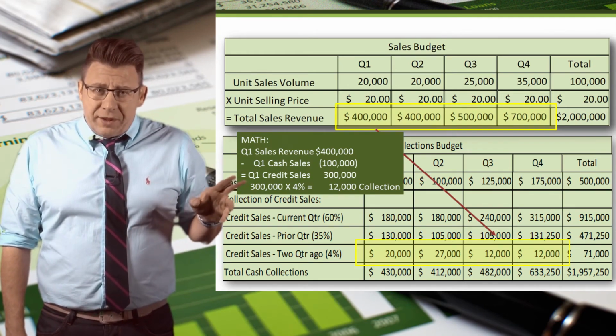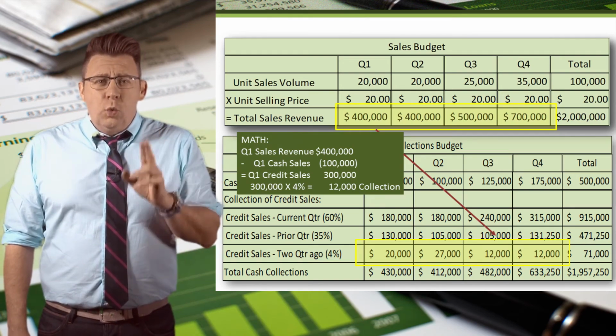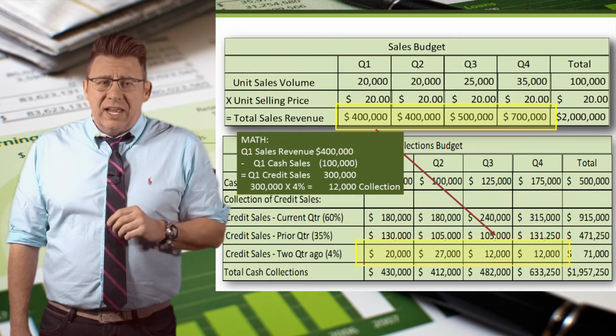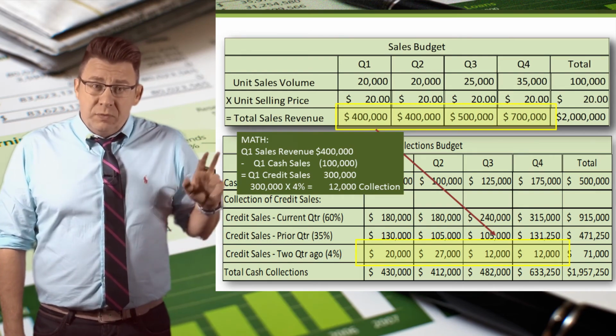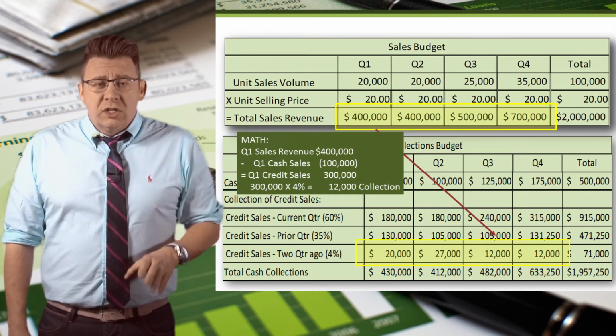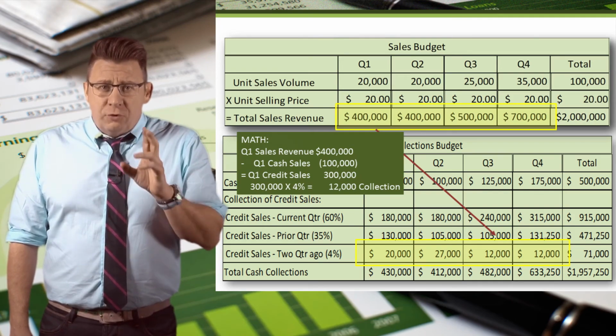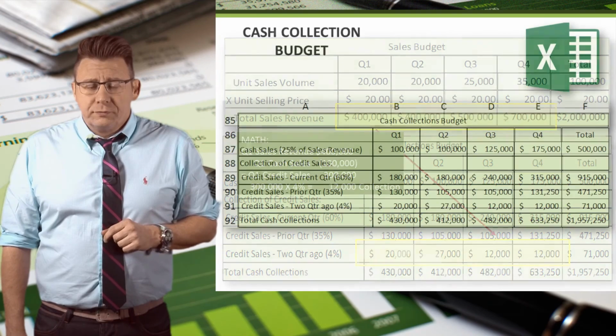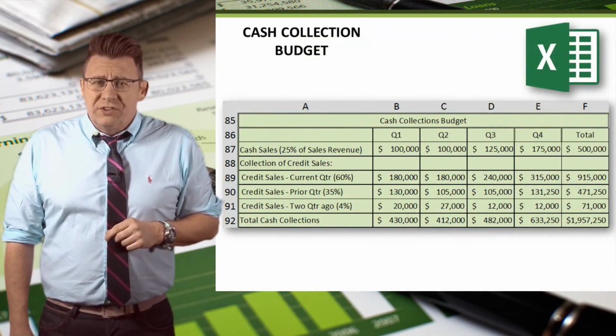That's $105,000. And Q1 credit sales, of which 4% is collected in Q3. That's $12,000. So our cash collection for Q3 is $482,000. So now let's look at how we would do this in Excel.